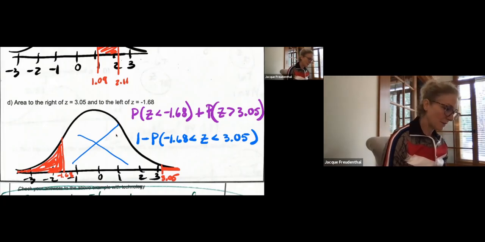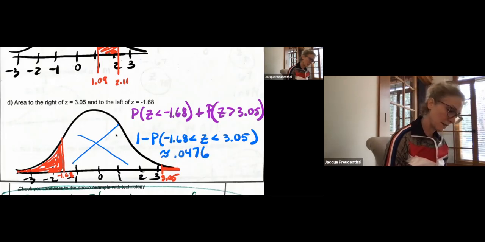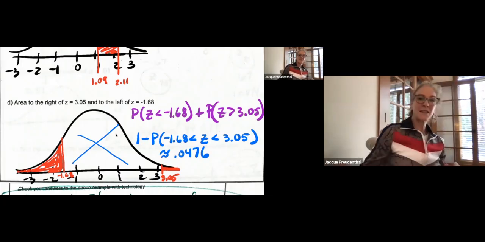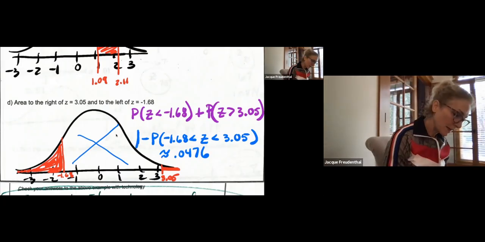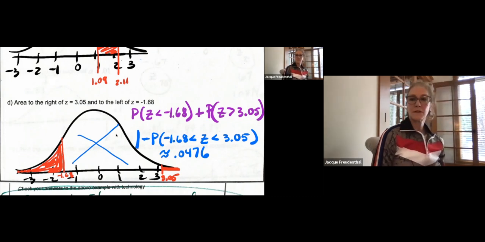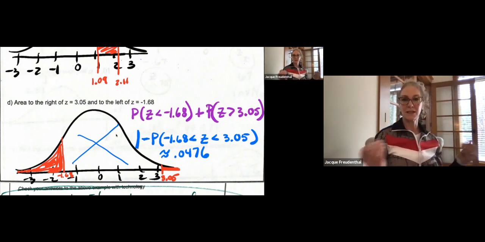So it comes on my screen, and when I evaluate it, I get approximately 0.0476. And that's my answer. That's not the area in the blue because I've subtracted from 1. So that's the probability of the two ends together.